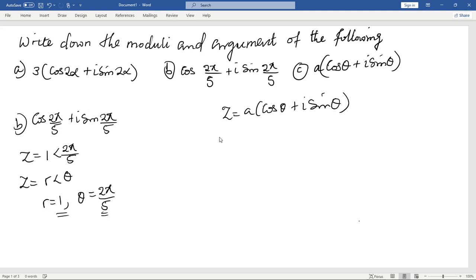This can still be written as a and theta. Comparing with the general form of a complex number in polar form, the modulus is simply equal to a and the argument of z is simply equal to theta. Okay, so there we have it. You just compare it with the polar form, then you get your modulus, and you also get the argument just like that.